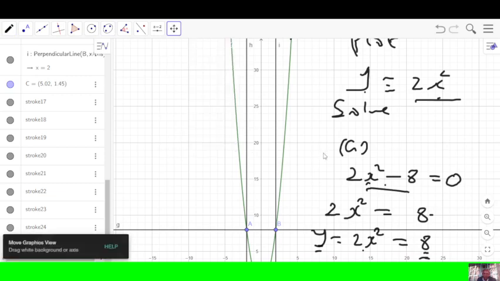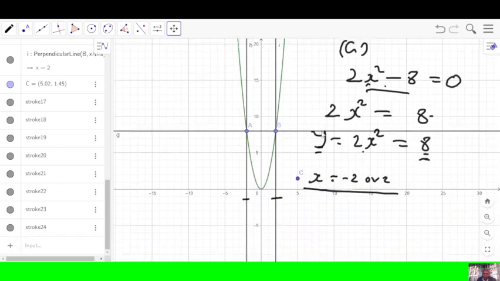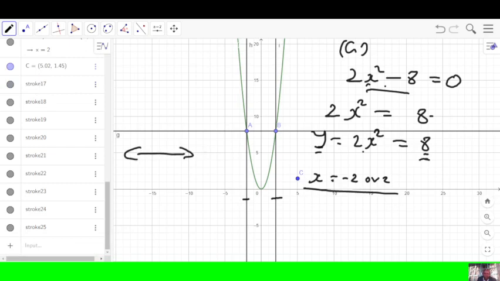Now, we know from this graph, as you can see, that the perpendicular line represents the value of y, and this is the value of x. So if you go in that direction, that is the value of x, and if you're going up or down, that is the value of y.